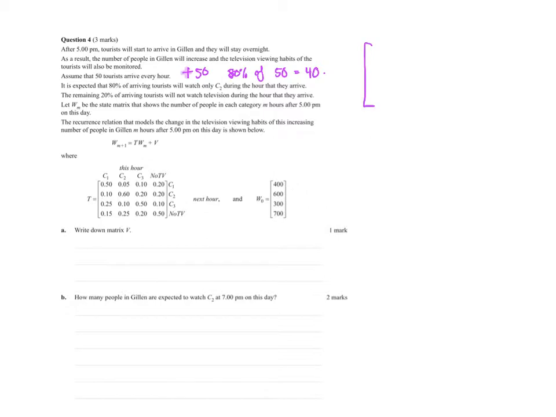They've given you the states here: C1, C2, C3 and no TV. They're saying 80% are going to go here and 20% are going to go here. So 20% of 50 equals 10. And so 0 and 0. So this is going to get added on.